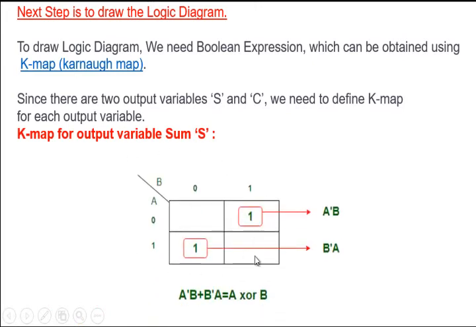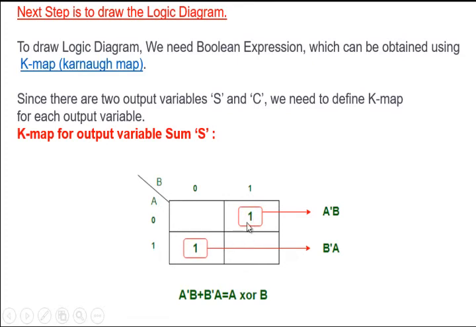So here is the Karnaugh map. In our previous truth table, we see that whenever the combination is 0 and 1, we always get output 1. So we put a 1 where A is 0 and B is 1, and where A is 1 and B is 0.